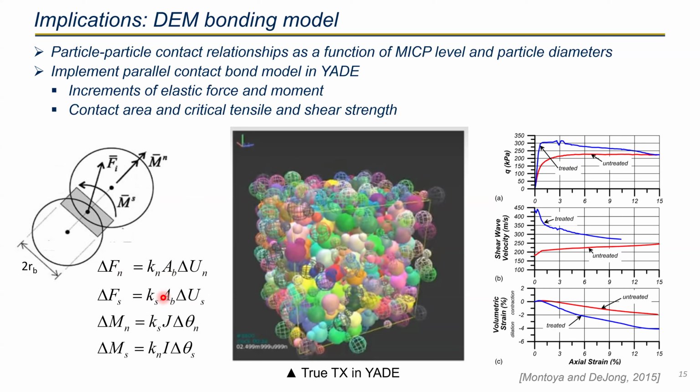And this parallel bonding breaks when the load force applied to the bonding exceeds the critical force, which is the critical maximum tensile strength we just measured from the experiment. So we are trying to develop this kind of bonding model by using the experimental data that we got. After developing the bonding model, we are planning to validate our model by comparing with the experimental data that has already been performed by previous researchers.